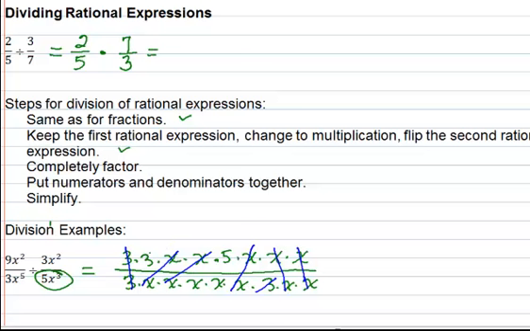And there's a 3, and we are going to circle anything that we haven't simplified out, so we're left with 5 all over x squared.